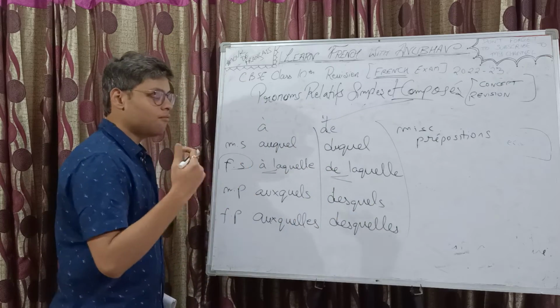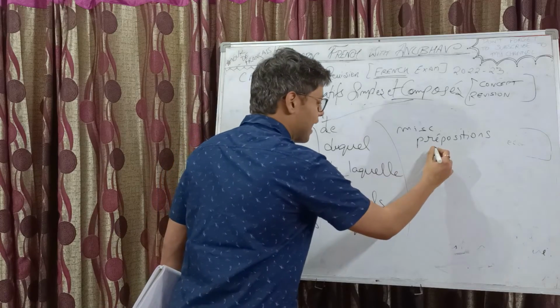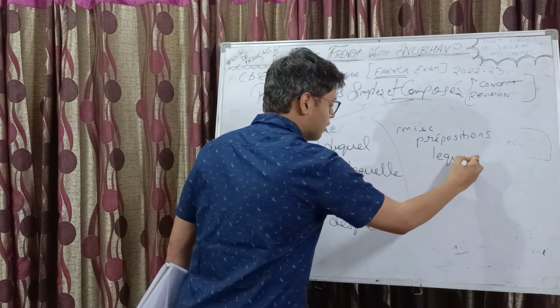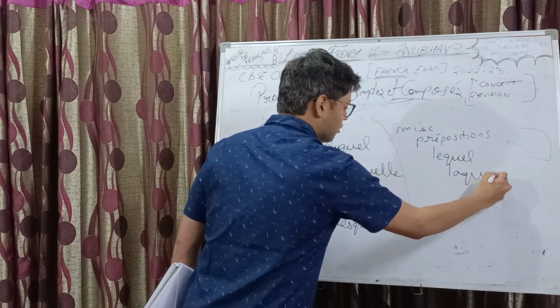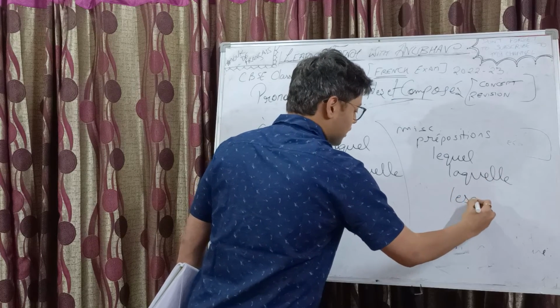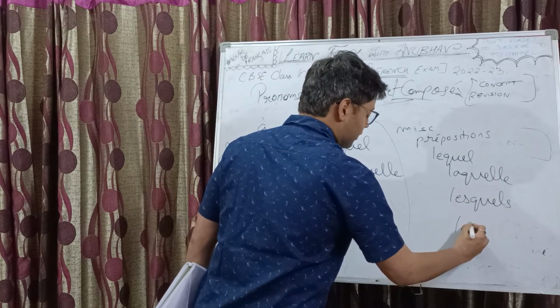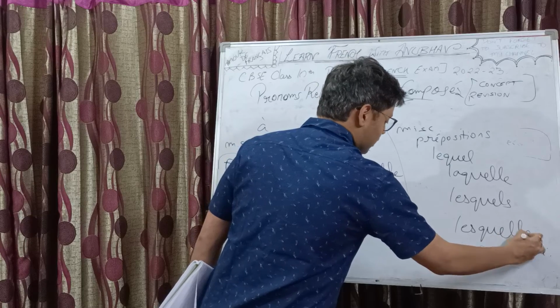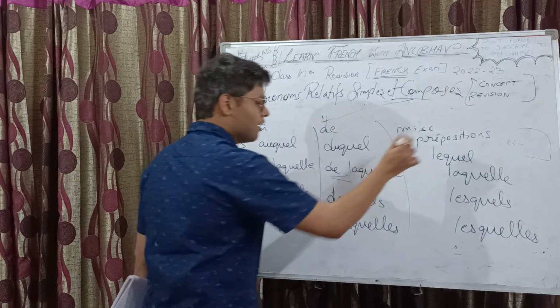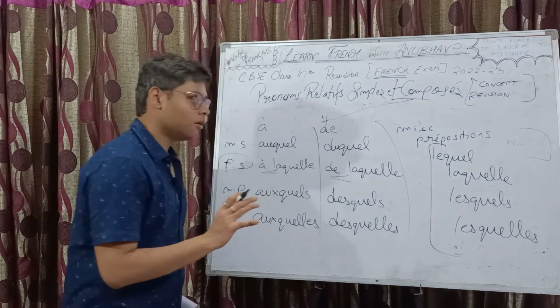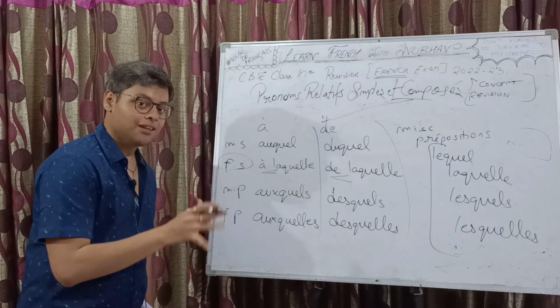Miscellaneous prepositions. Again, we are going to have 4 forms: lequel, laquelle, lesquelles, and lesquels. All these will be preceded by random prepositions.